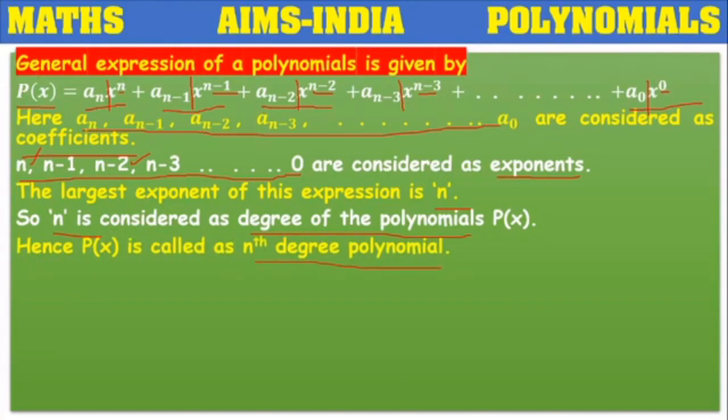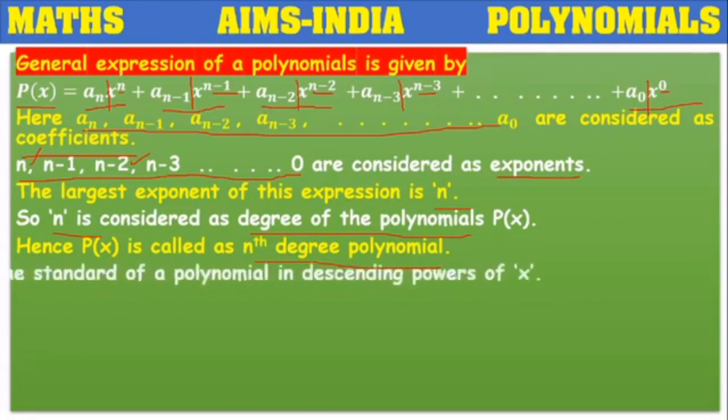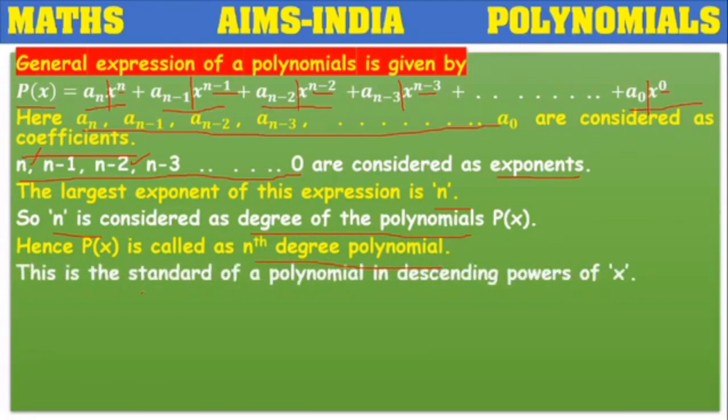As its degree is n, we can call it an nth degree polynomial. So this is the standard form of a polynomial in descending powers of x. If you observe the exponents, x^n is there, and for the next term the variable is x but the power is n-1. So the powers are decreasing for the same variable.